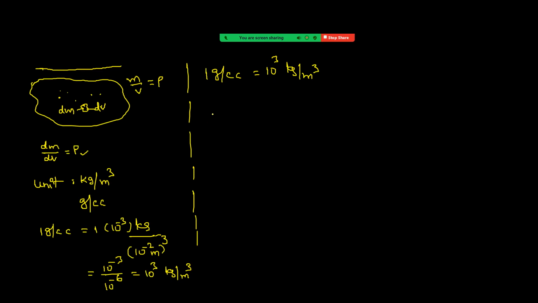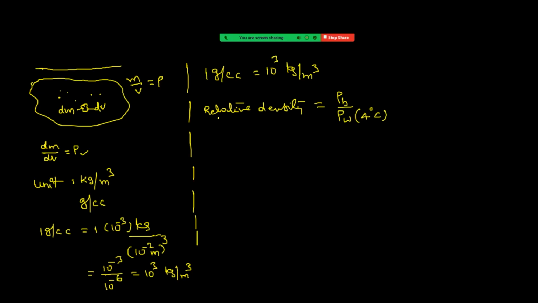Right. Next we define relative density. That means we compare the density of a substance or liquid with the density of water. Relative density is defined as density of a body upon density of water, and we take the density of water at 4 degrees centigrade.